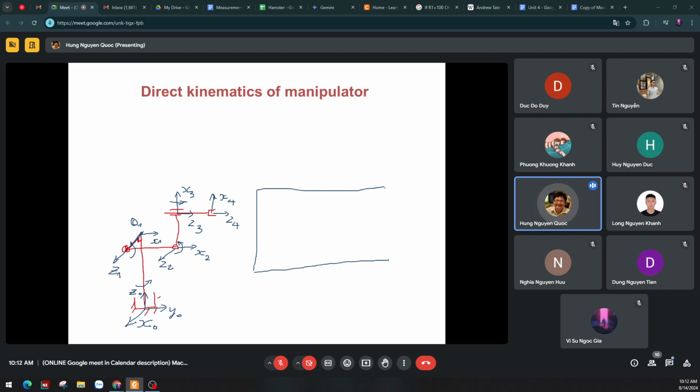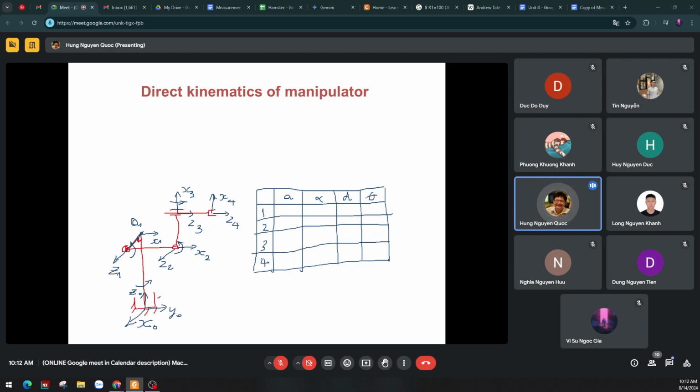Now, can you make the DH table? With frames 1, 2, 3, 4, and the columns a, alpha, d, theta.